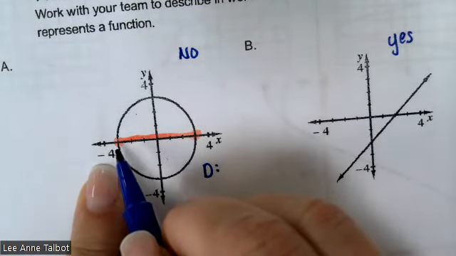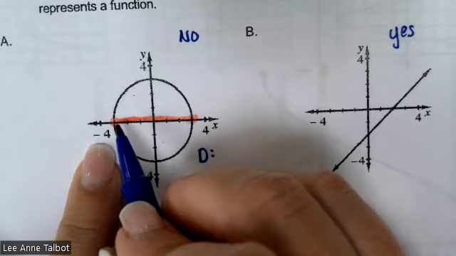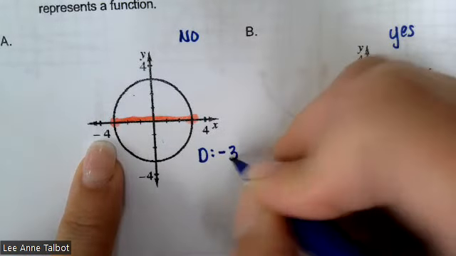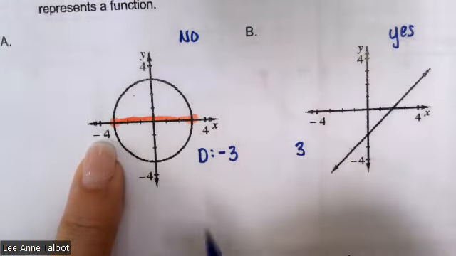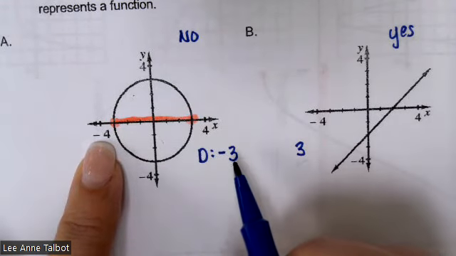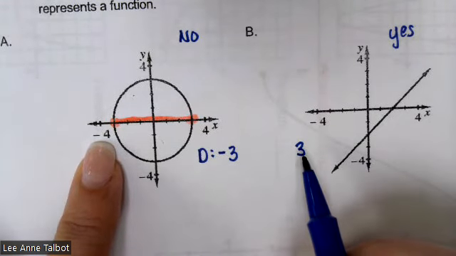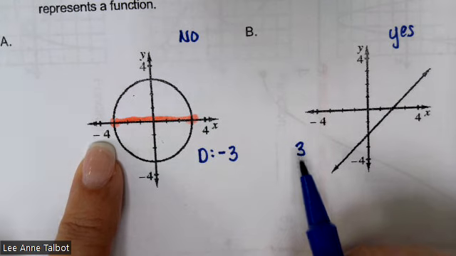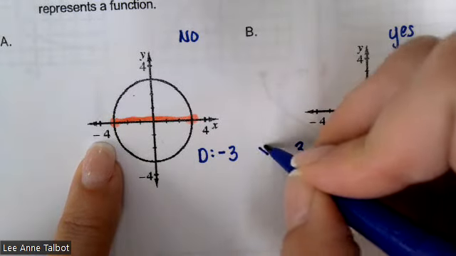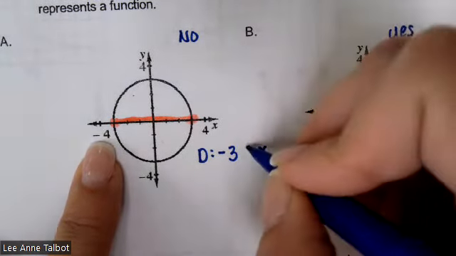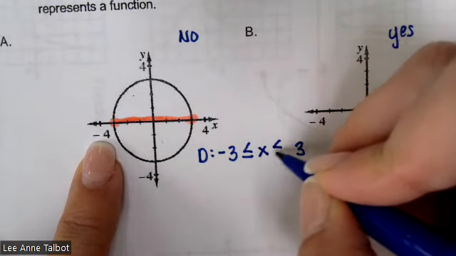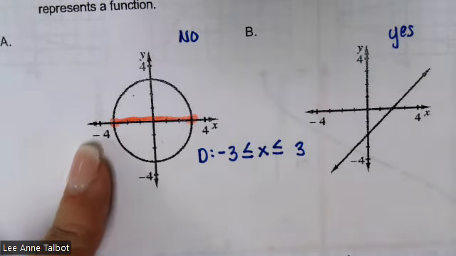What spot is this right here? Beautiful. -3. And then this spot is +3. So I said the left and the right. I'm doing domain, so I have X. Done.